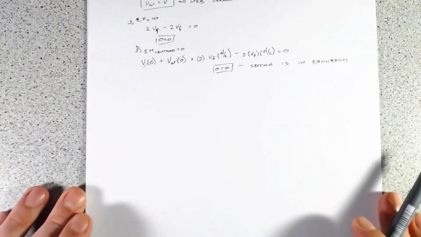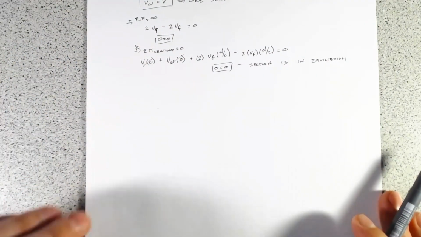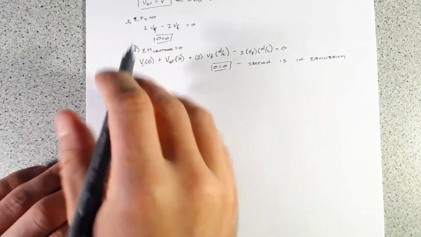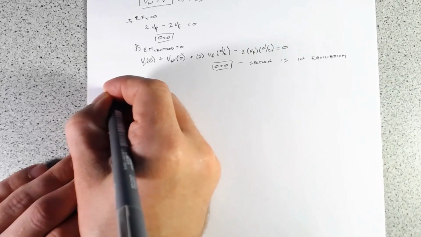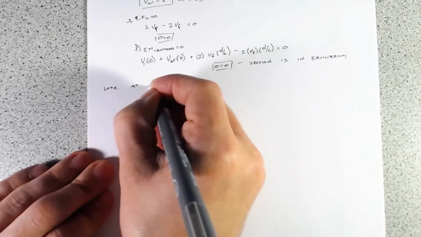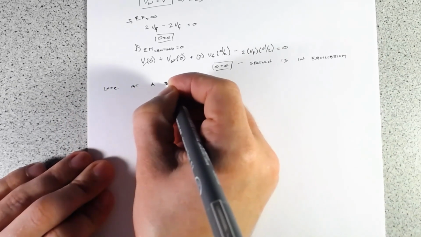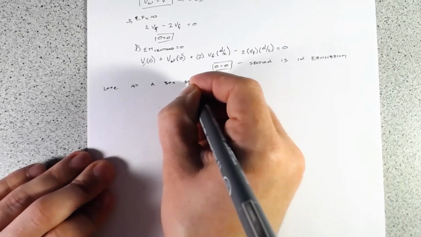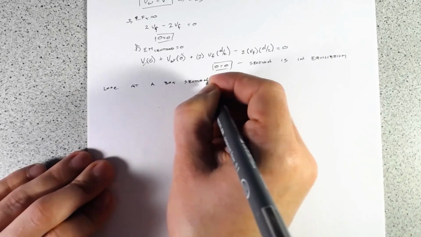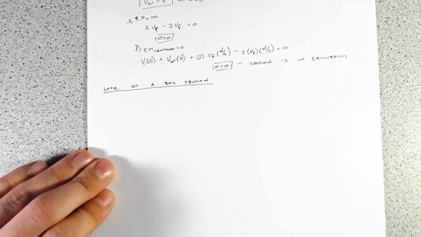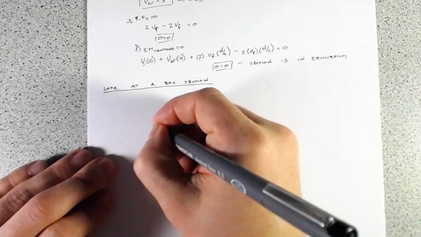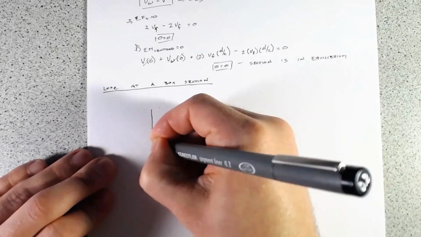Well, bear with me. Let's look at a different section. So we saw for an I section, it didn't really matter. Let's look at a box section. So the shear flow for a box section, I'm just going to draw it out here.